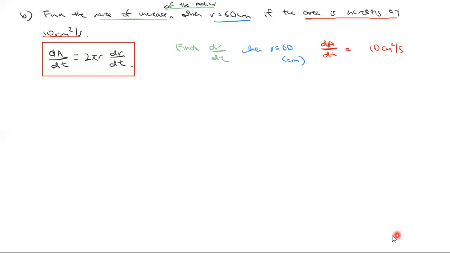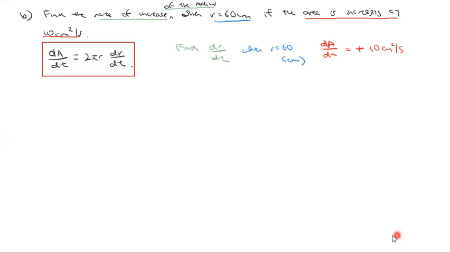Positive. Exactly. I want you to explicitly make sure you've thought about it. Obviously, positive 10 is the same as 10, because when you say 10, it's assumed to be positive. But I want you to make it perfectly clear that you've considered, is it positive or negative, and made that decision. As opposed to, well, I forgot about it, it doesn't matter anyway, because this question is an increasing one.